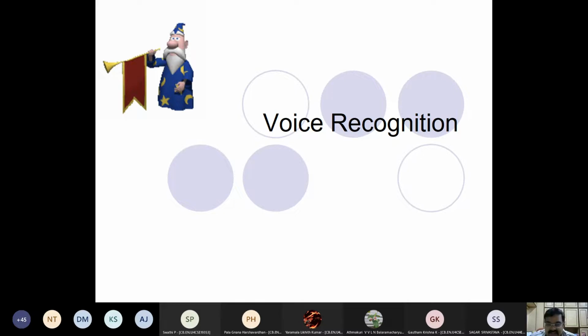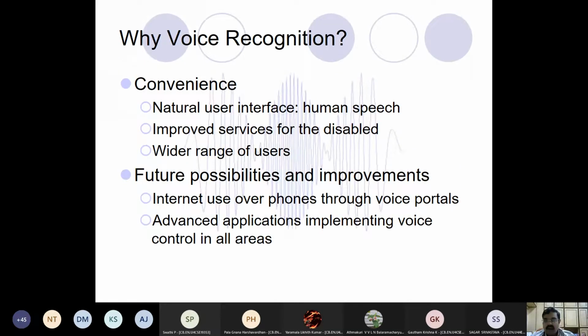recognition or the speech recognition system. Mind you, voice and speech are identical and one and the same. In some places it is voice, in some places it is speech, but they are one and the same. Voice recognition is a behavioral biometric which depends upon the voice of a person.